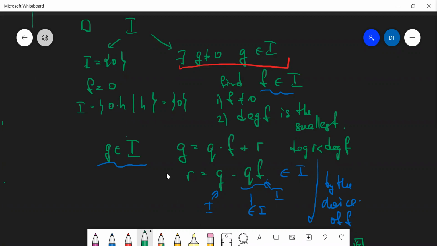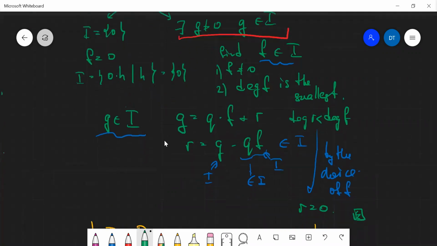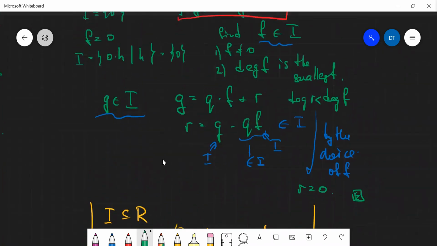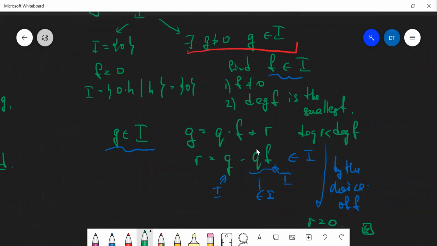And as you can see, the proof is exactly the same as the proof was for abelian groups when we described all the subgroups of Z. So the method is exactly the same, and the reason why the proof works is because here we also have this procedure to divide with a remainder.